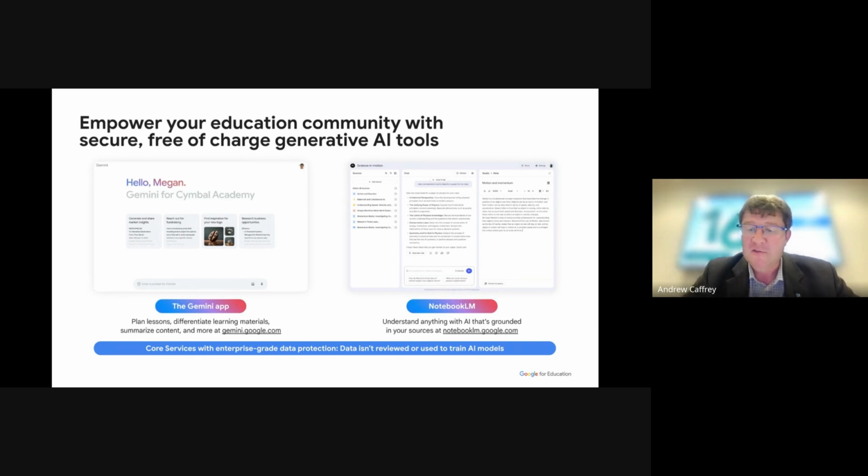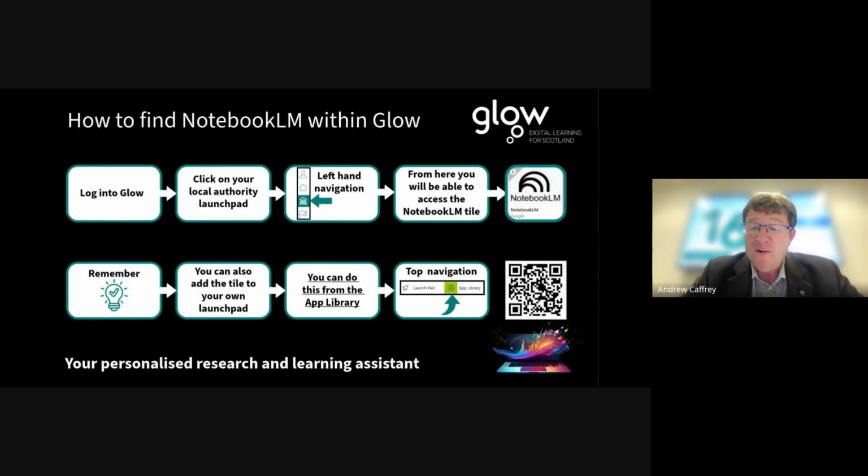There are lots of different use cases, and we're going to talk about lots of them today. NotebookLM is almost like the opposite of Gemini. Gemini is huge and has a big training library of material. NotebookLM initially isn't. It's small and has only the material you give it. We're going to dig in and show it to you in a second, but that's an overview of what this is. And as we mentioned, we're really excited to say NotebookLM is now available inside Glow.